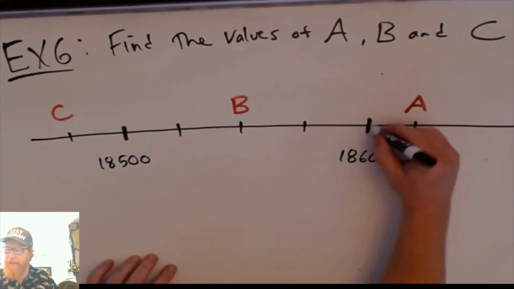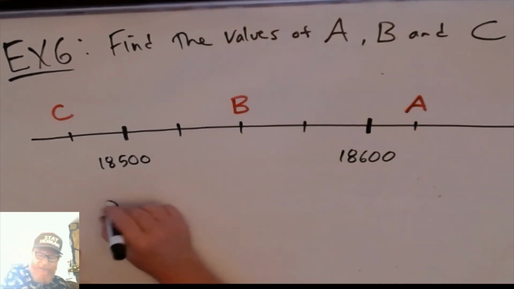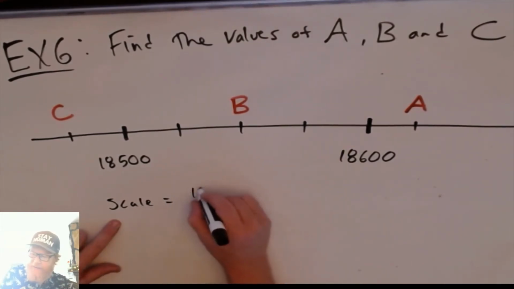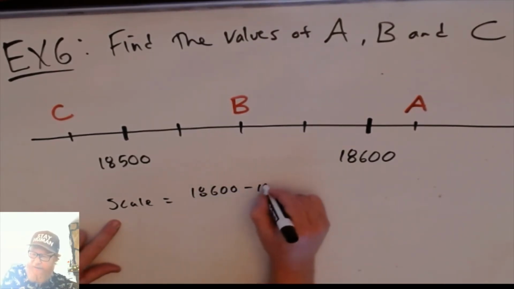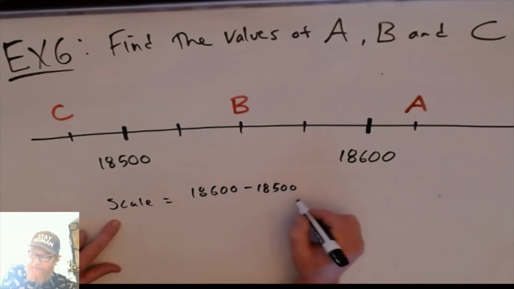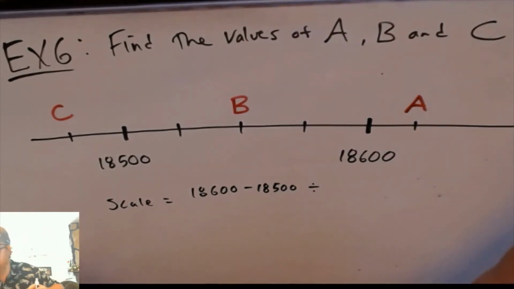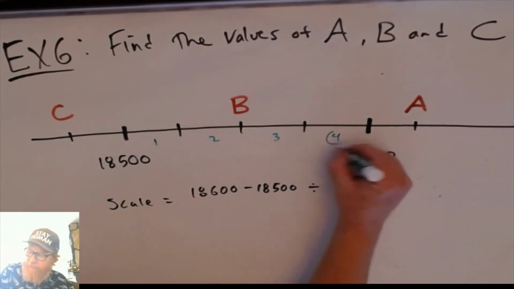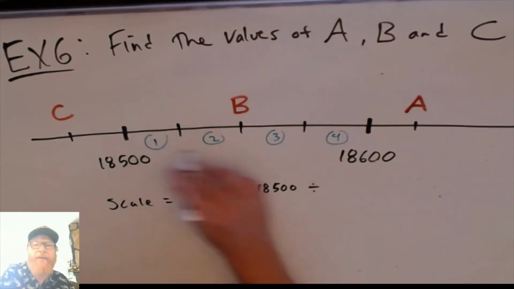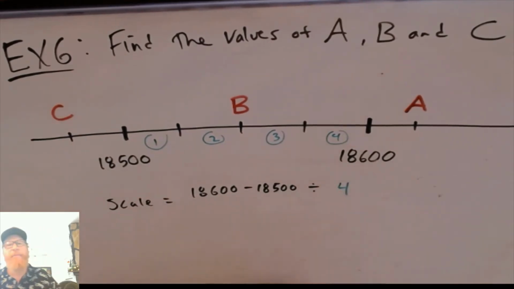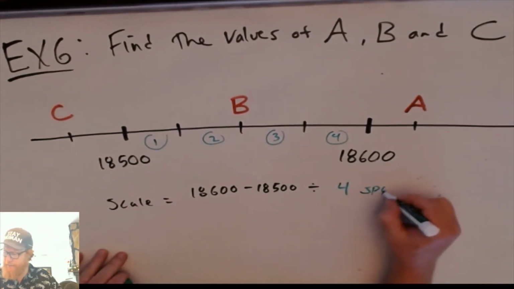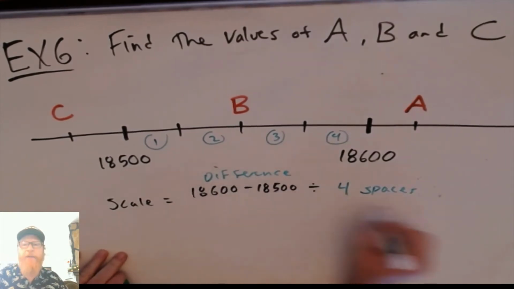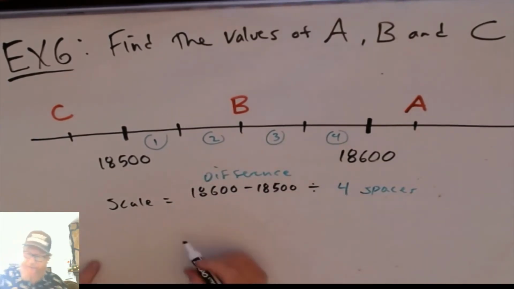Okay, so typically I'll give you 2 values. So the scale is the difference, 18,600 minus 18,500, divided by the number of spaces, 1, 2, 3, 4 spaces. So divided by 4 spaces. So it's the difference divided by the number of spaces.